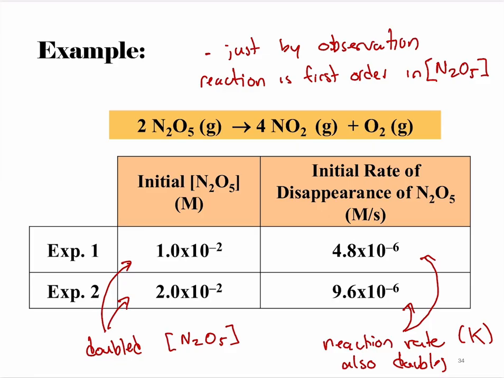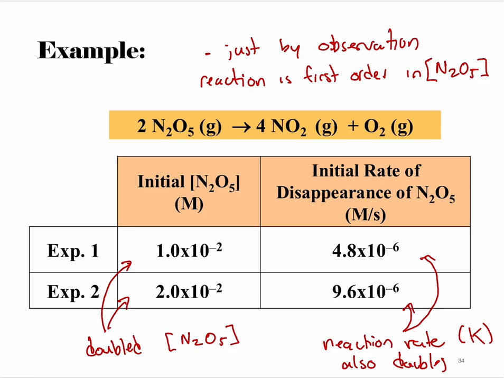So if you had to write an expression for the experimental rate law, how would you write that expression for this reaction? If it's first order, that means there should be a power of what somewhere? 1, right? There should be a power of 1.